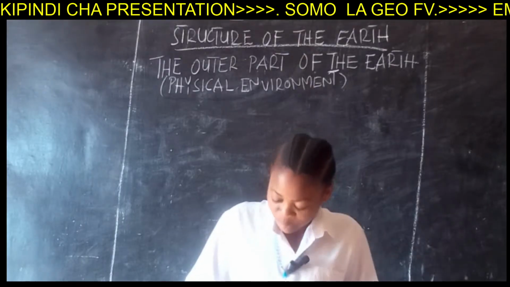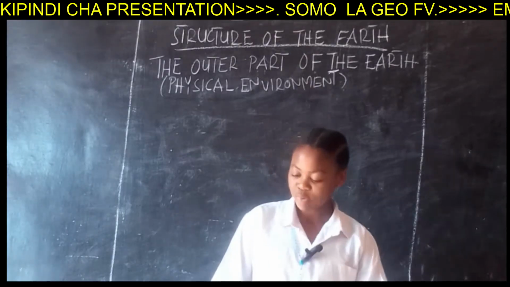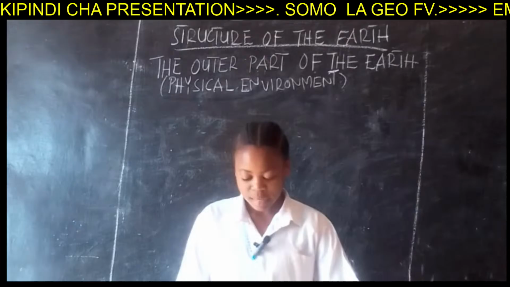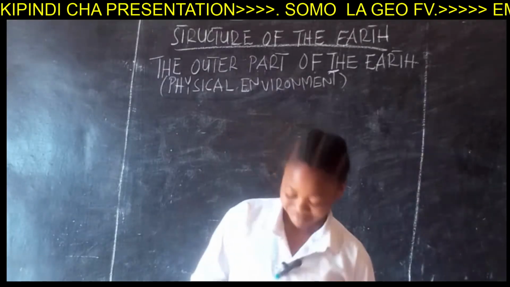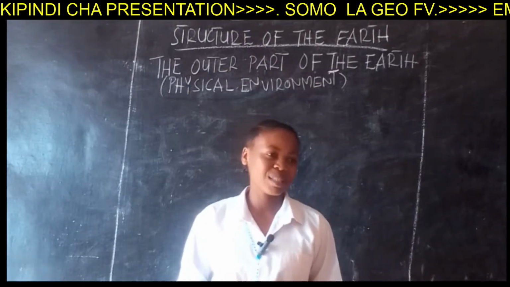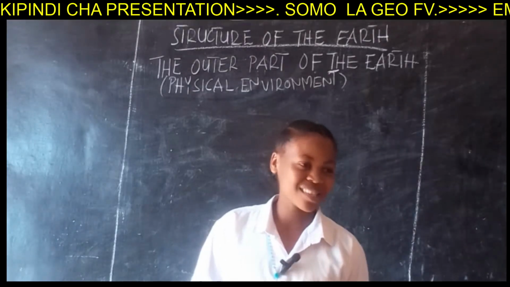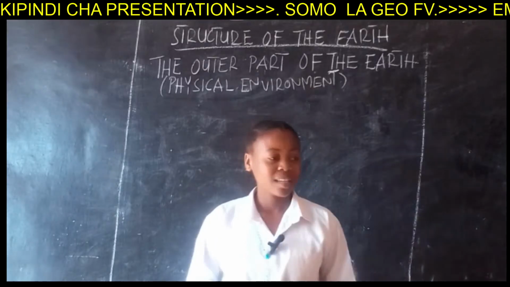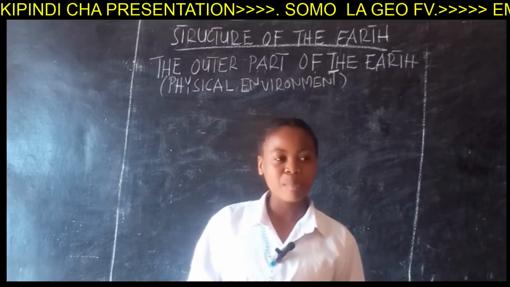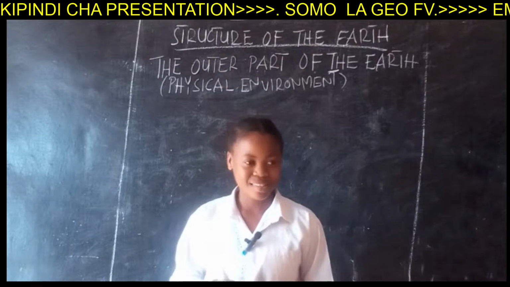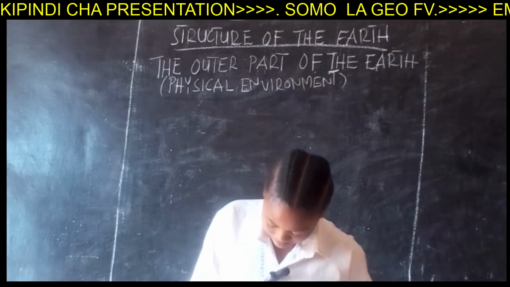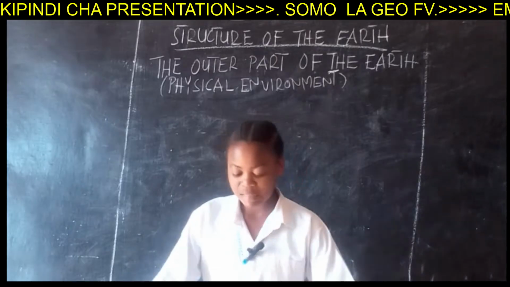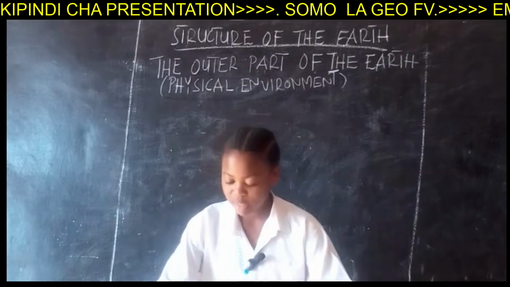Core is the innermost part of the earth, made up of dense iron. This part is of great density because of great heat and pressure.